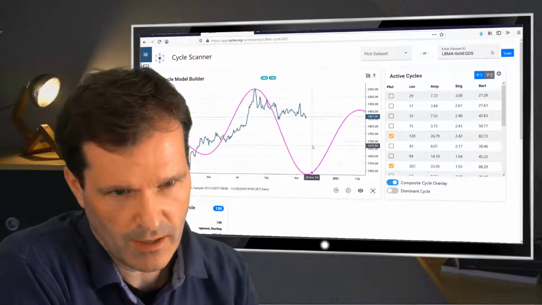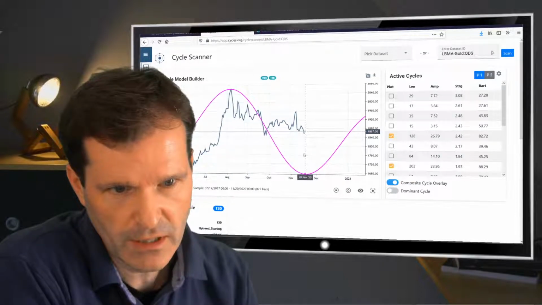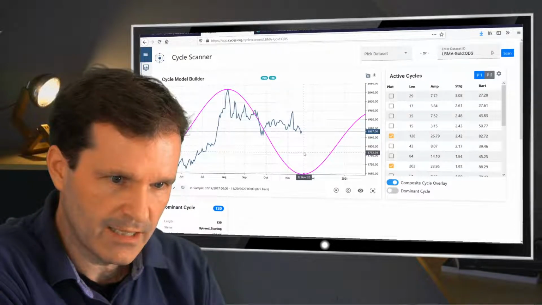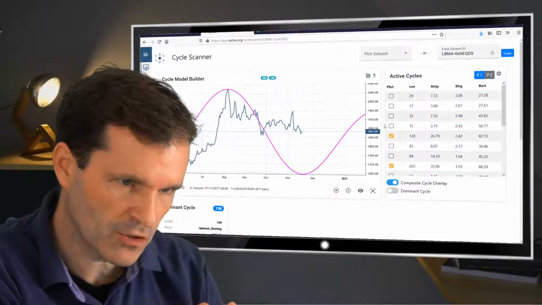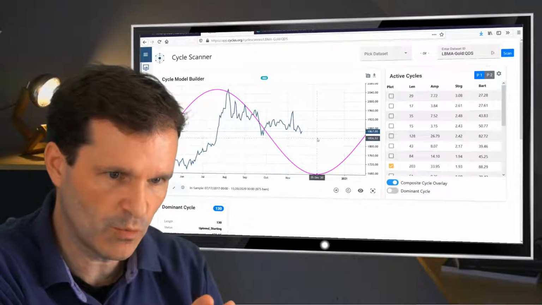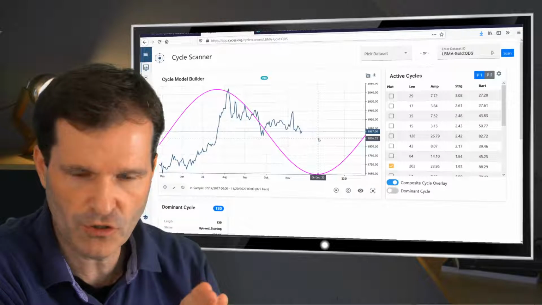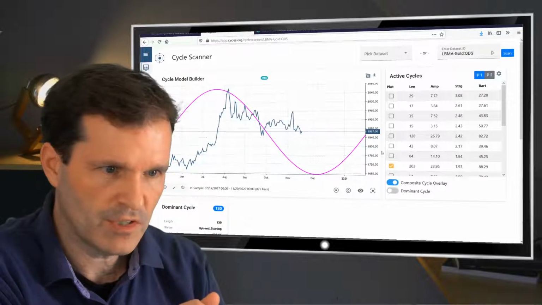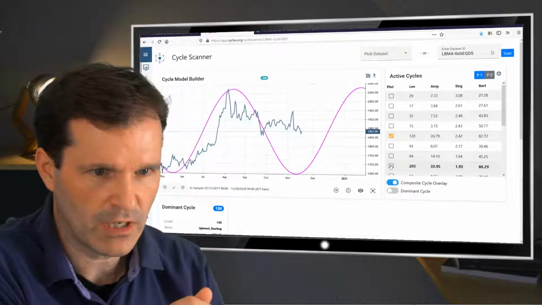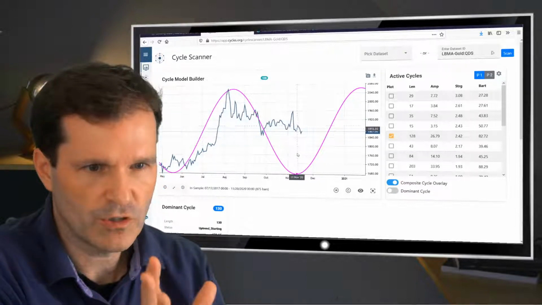If we zoom in, we see that we're approaching exactly the bottom of this composite. We can now check if there would be a difference if we just use one cycle. The longer term cycle just shows the beginning of December. If we activate both, we have already arrived, and the 128 alone, we just passed it.